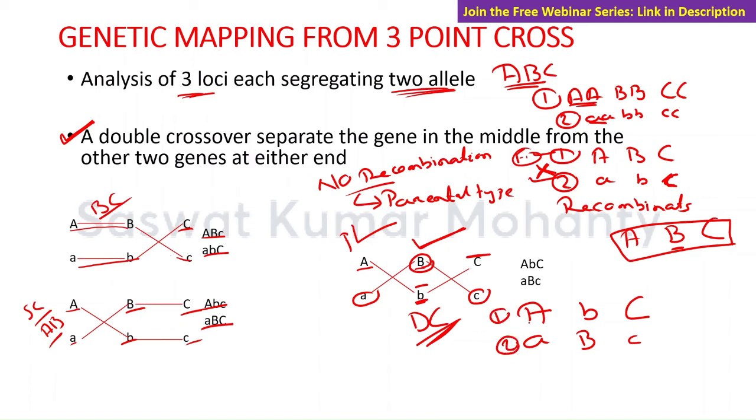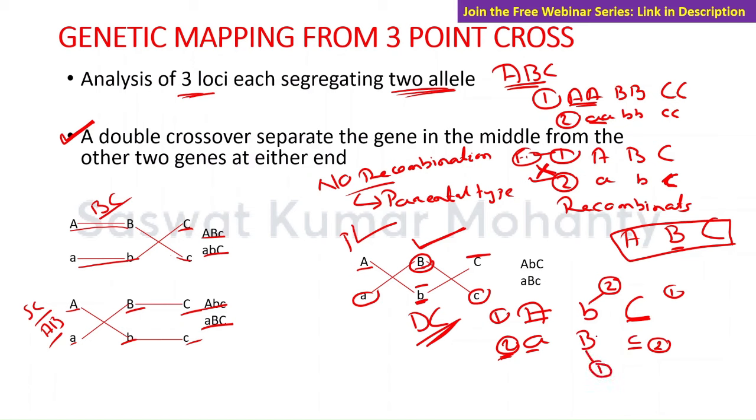In the first product, capital A and capital C are from parent 1, whereas small b is from parent 2. Similarly, in the second type of product, small a and small c are from parent 2, whereas capital B is from parent 1.